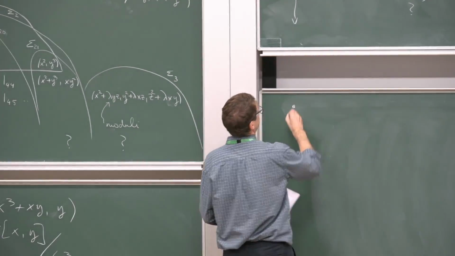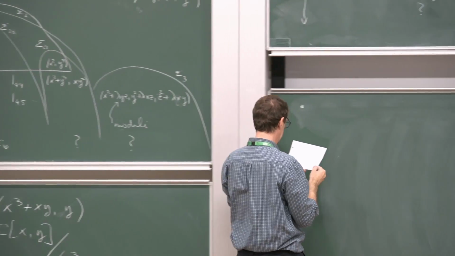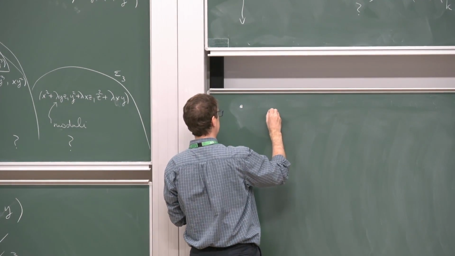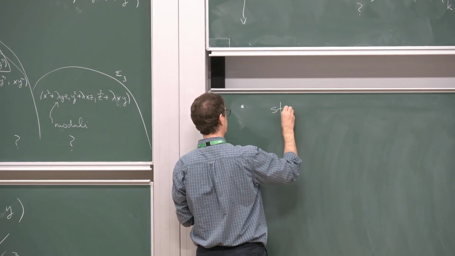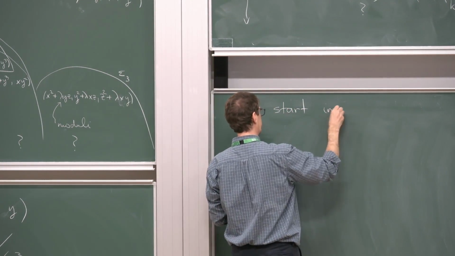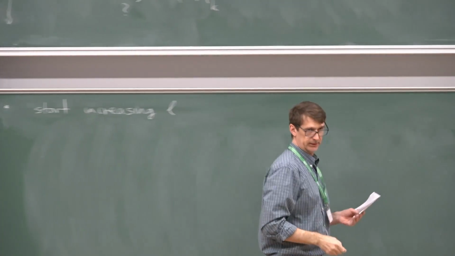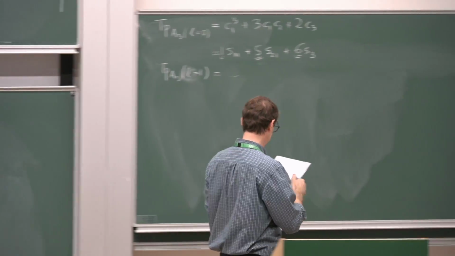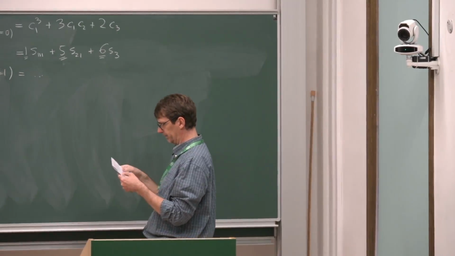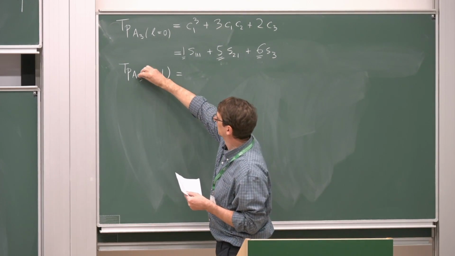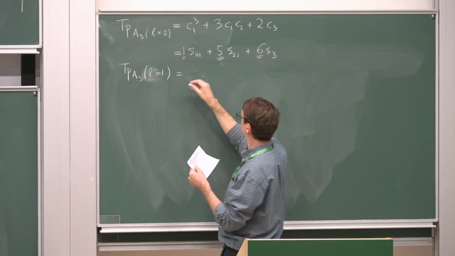Okay, so more facts. I want to tell you what happens if we start changing L. And instead of writing the statement, I want to continue this example. So I'm going to tell you the Thom polynomial of A3 for L equals 1.